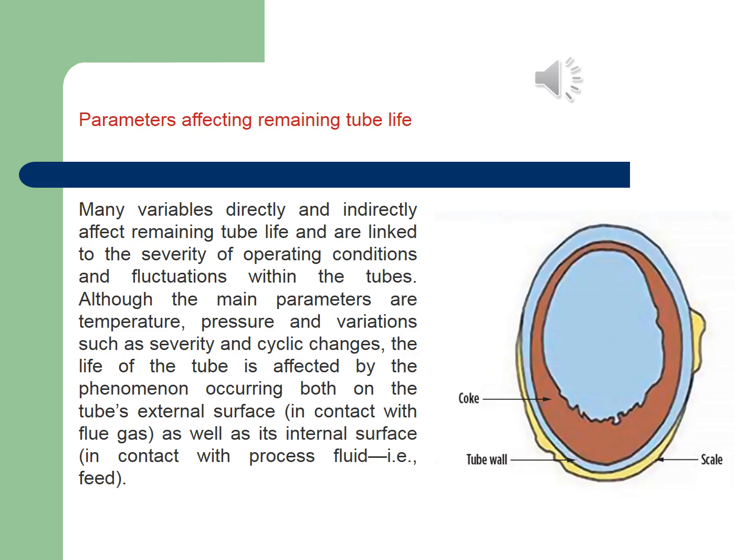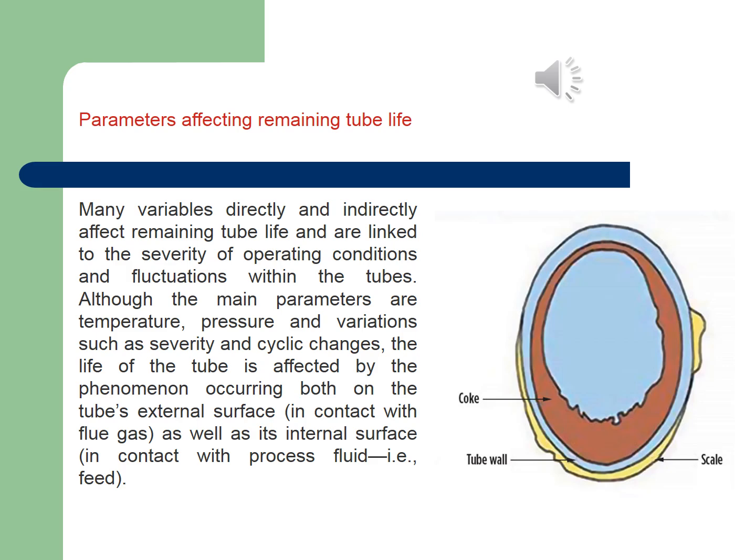Then we looked at some types of furnaces that you can find, the main components associated with the furnace, the description of these components, and then also some control methods associated with furnaces. So the last point I want to look at is the parameters affecting the remaining tube life. Remember that these tubes are exposed, so there's the load inside it, or the charge that goes into the furnace that needs to be heated.